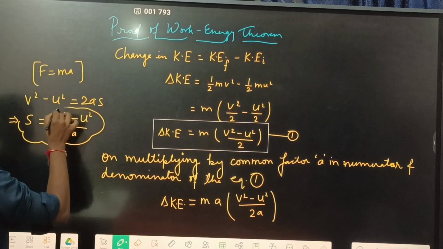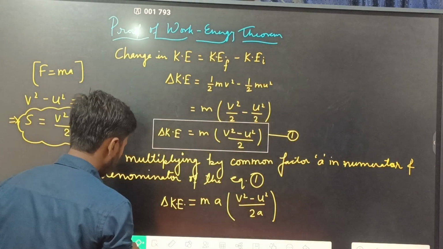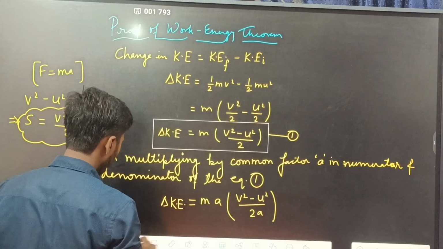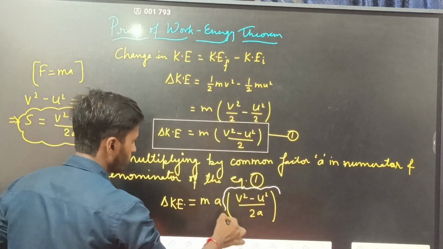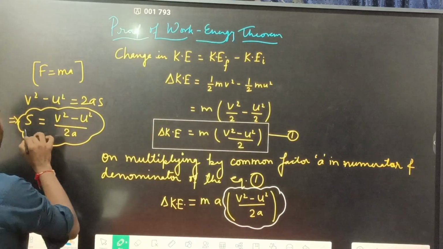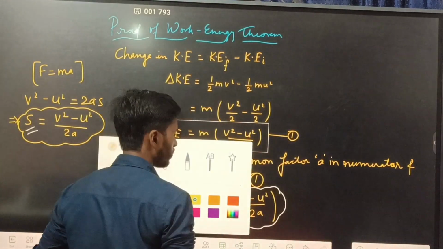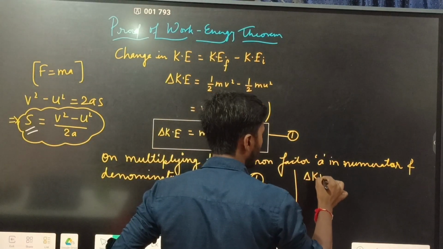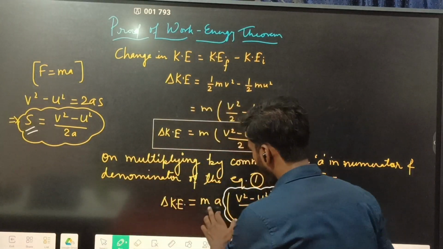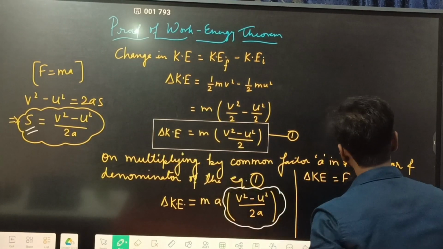Okay, so what we get, we can replace this value by s. So now this equation becomes delta KE is equal to ma, which becomes F, and this value becomes s.